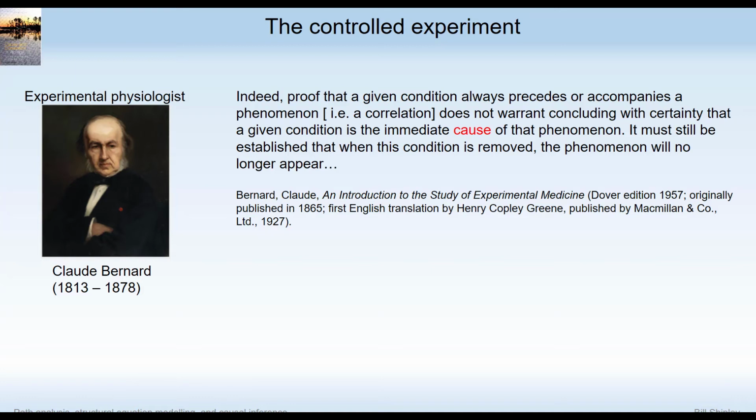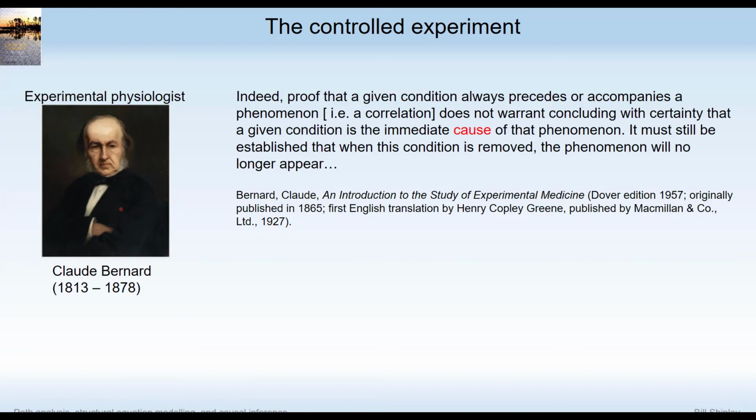He goes on to say, it must still be established that when this condition is removed, the phenomenon will no longer appear. In other words, he's saying you have to then experimentally control the variable of interest, the condition, and see whether, once you've controlled that variable and prevented it from responding to its natural causes, the patterns of association change or not.